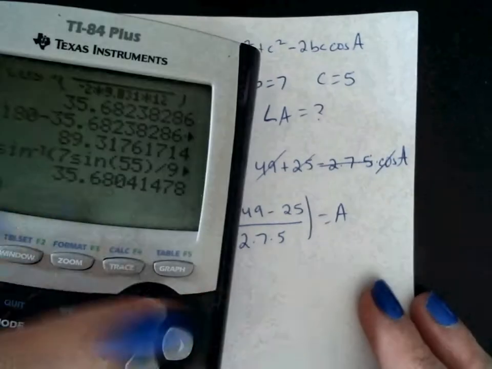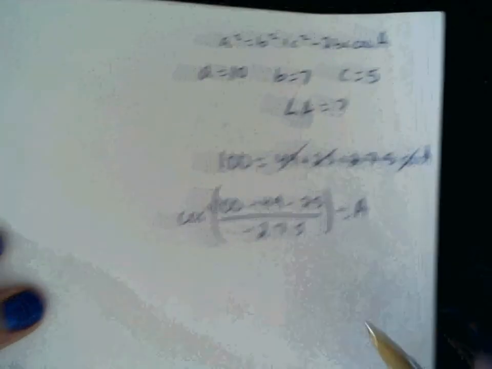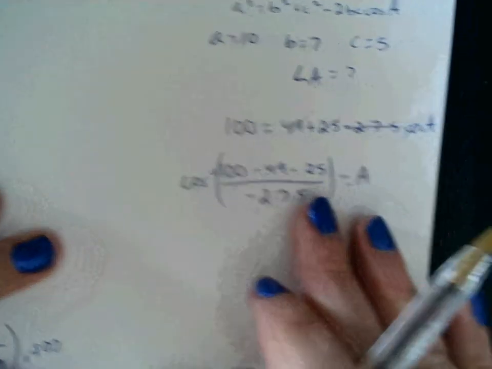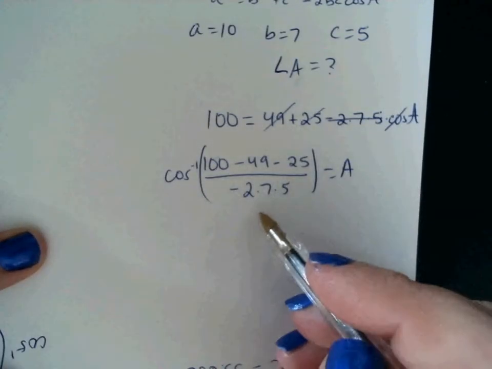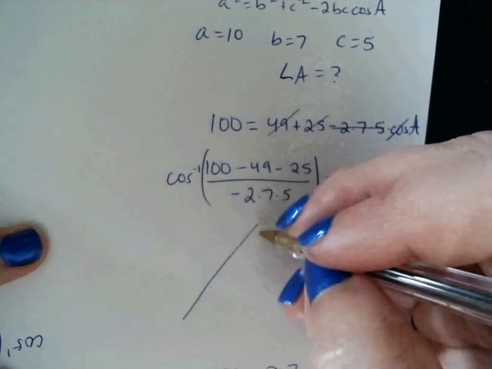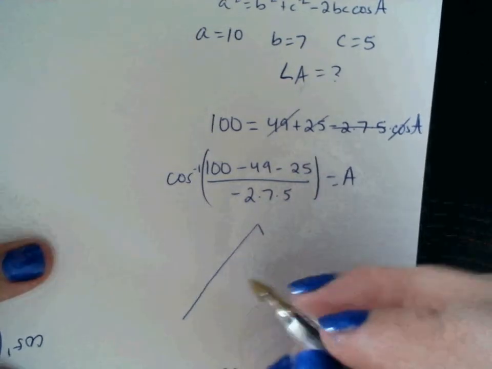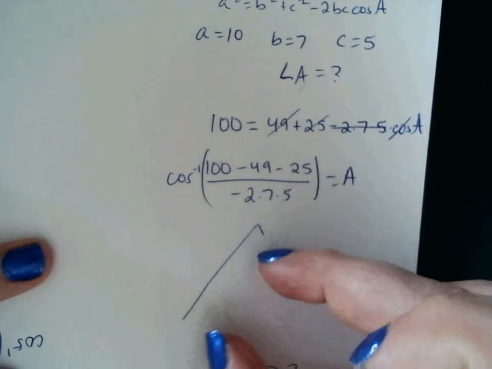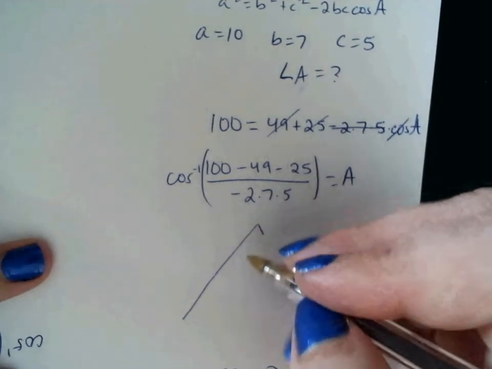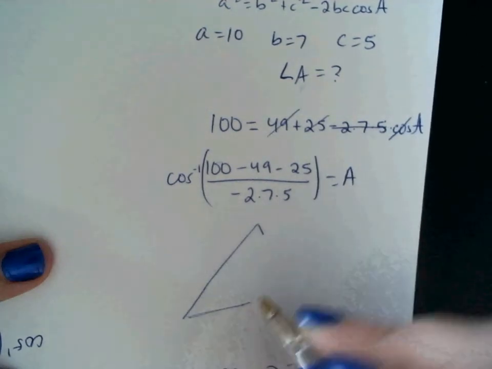Okay, so cosine inverse. Let's also make sure this makes sense before I find my answer. I've got a triangle with a side length of 10, a side length of 7. Okay, 7 and 5 are both shorter than 10, so that means it's going to have to kind of bow in.